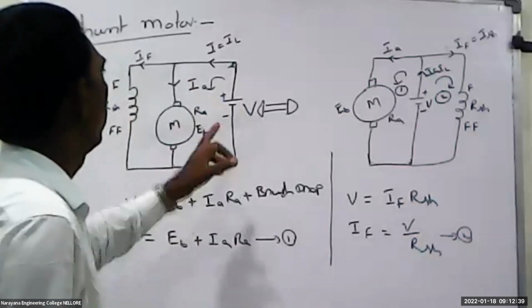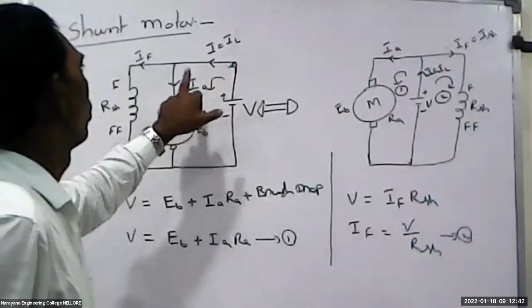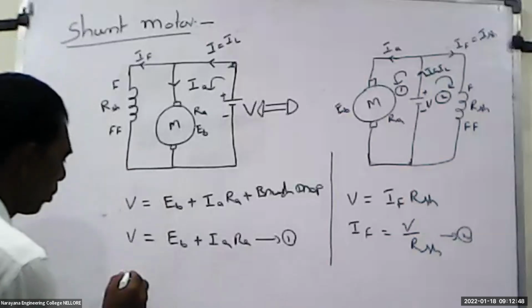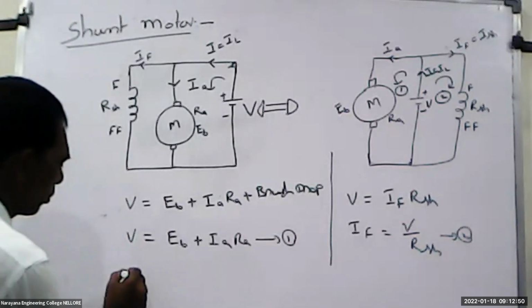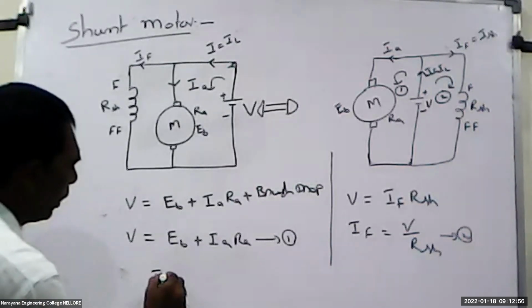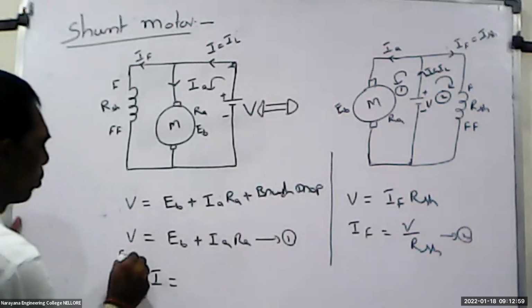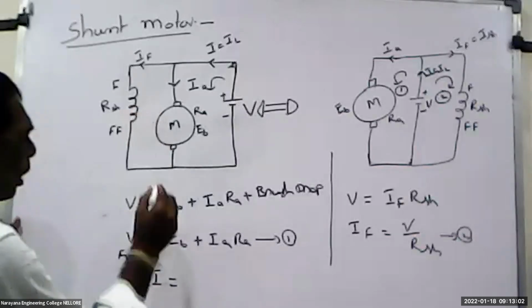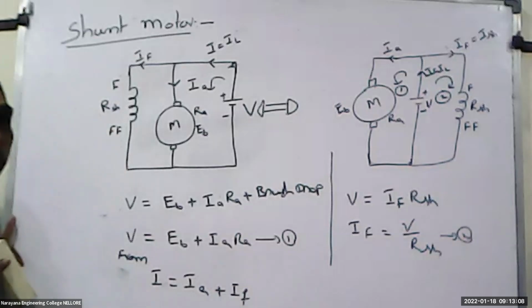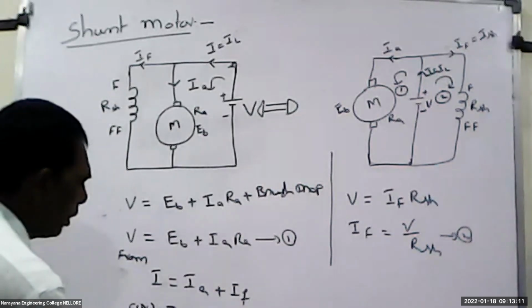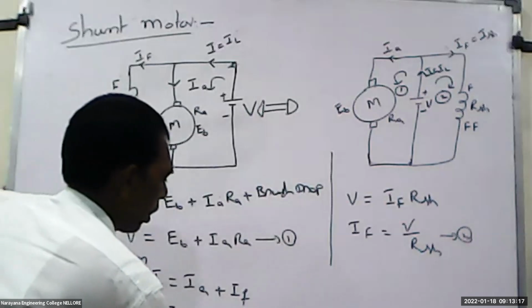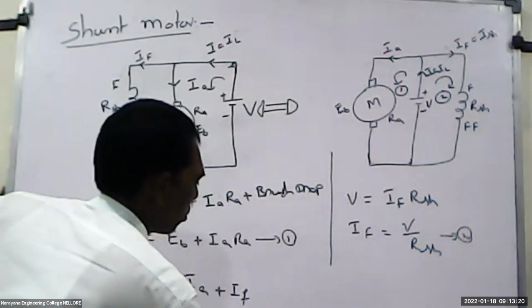So I will get the first equation as V, and the second equation as IF. By observing this one, here IL is equal to the sum of currents entering the point, which is equal to the sum of currents leaving. So I is equal to IA plus IF, or IF is equal to I minus IA, or IL minus IA.